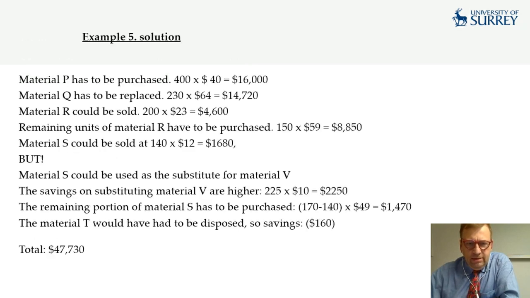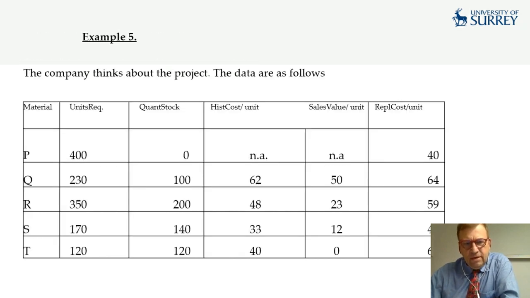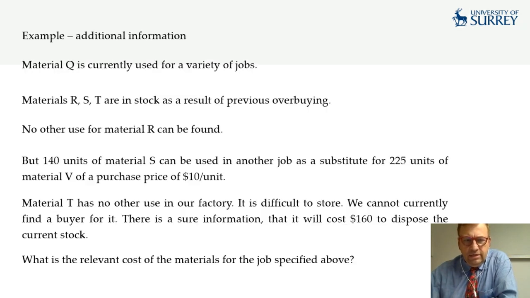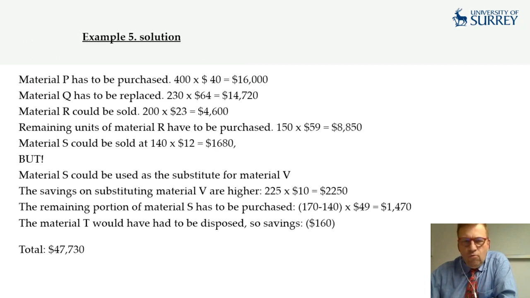Theoretically, we could sell material S, exactly like we might have done in case of the 200 items of material R. We have 140 pieces of material S, and it could be sold at the price of 12. So it gives us the figure of 1,680. But there is a but.